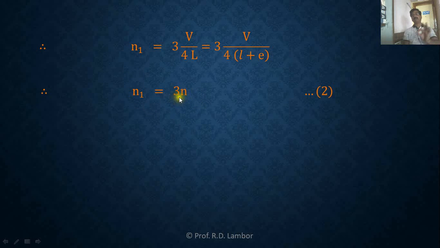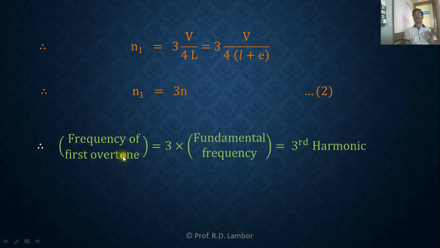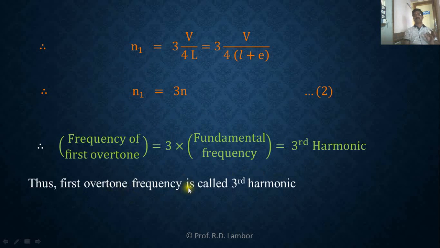म्हणजे third multiple of fundamental frequency, which is called as a third harmonic. That's why frequency of first overtone म्हणजे n1 is equal to 3 times fundamental frequency. And third multiple of fundamental frequency is nothing but third harmonic. That's why you can say that first overtone frequency is called third harmonic.